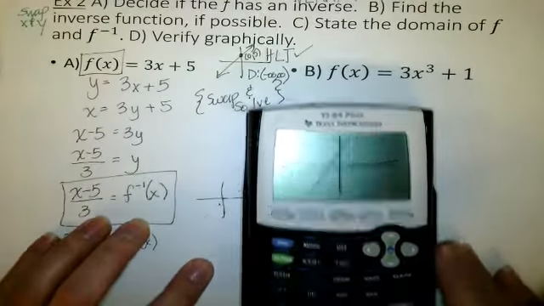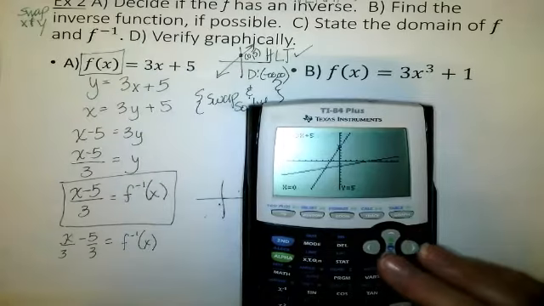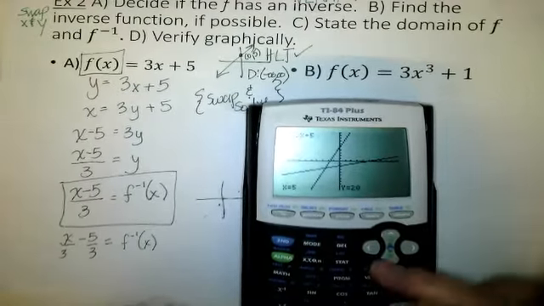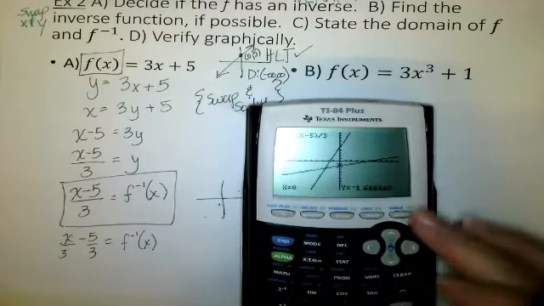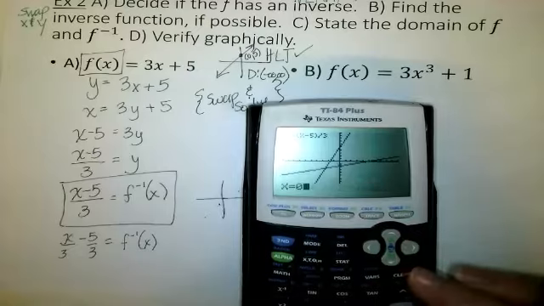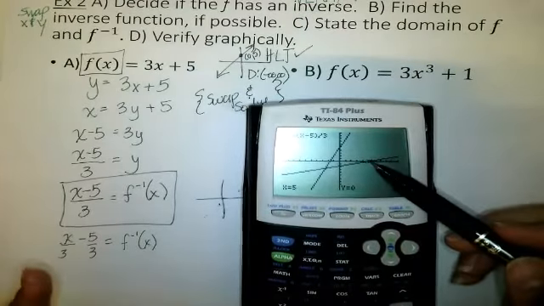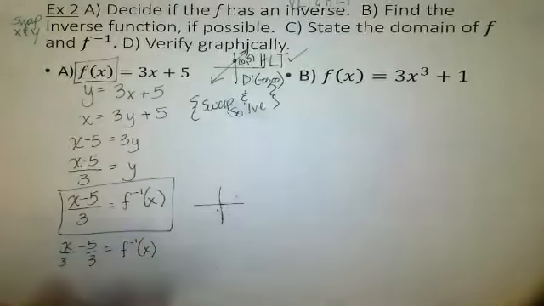I could see that back on the graph too if I just trace and type in a 0, 5. Sorry, I have to change equation. I'm on equation 2. Sorry, 5, 0 there on the second equation. Kind of interesting.